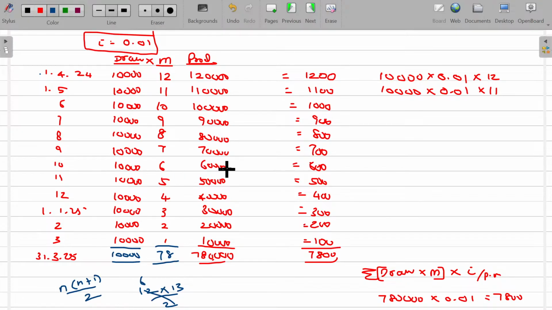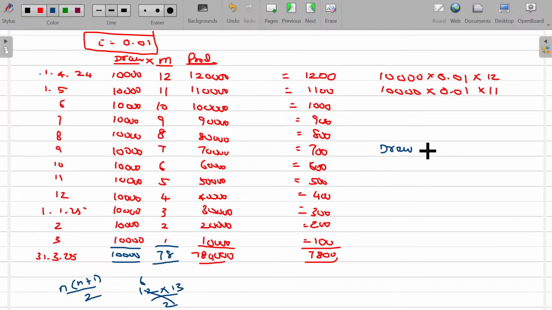So if you are drawing an equal amount every month beginning, then very simple. How can you calculate?